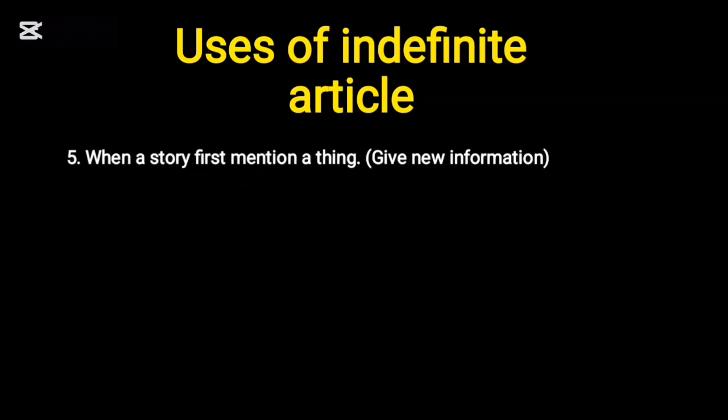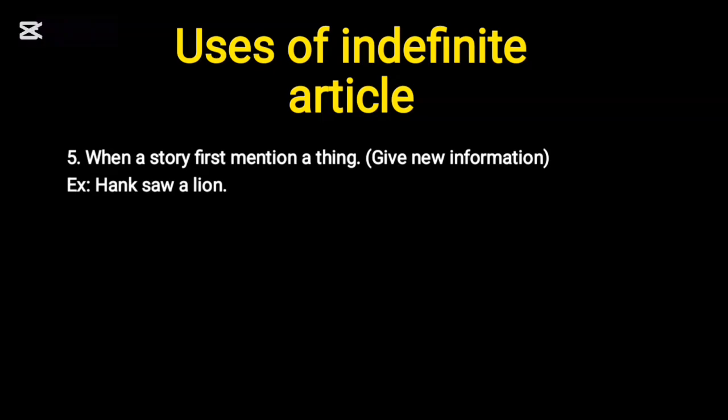Number 5, when a story mentions a thing for the first time, because it is new information. Whenever in a story something is mentioned for the first time, it gives new information. The information is new for us. That's why we use the indefinite article. For example, Hank saw a lion.